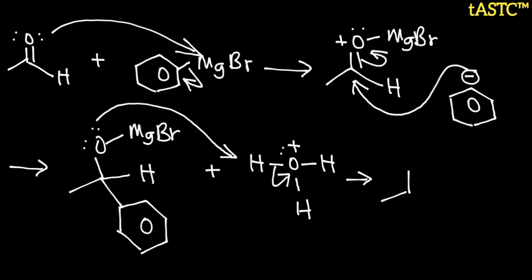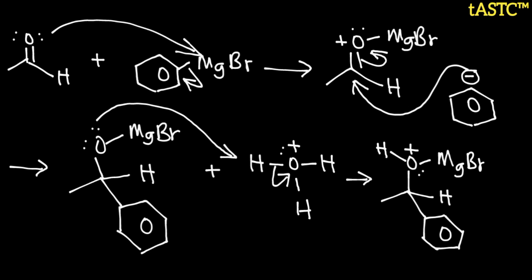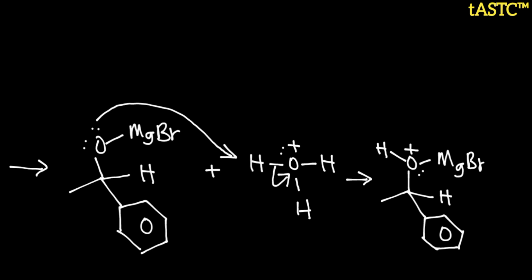So here now we actually have this. This is going to be an oxygen with an MgBr, and there is a hydrogen over here. So this is an oxonium ion over here again. So this will be positively charged because it has actually lost one of its lone pairs. So we have one hydrogen here, and this is the phenyl group that we have over there. Now the next thing that happens, you're going to take water and react it with this.